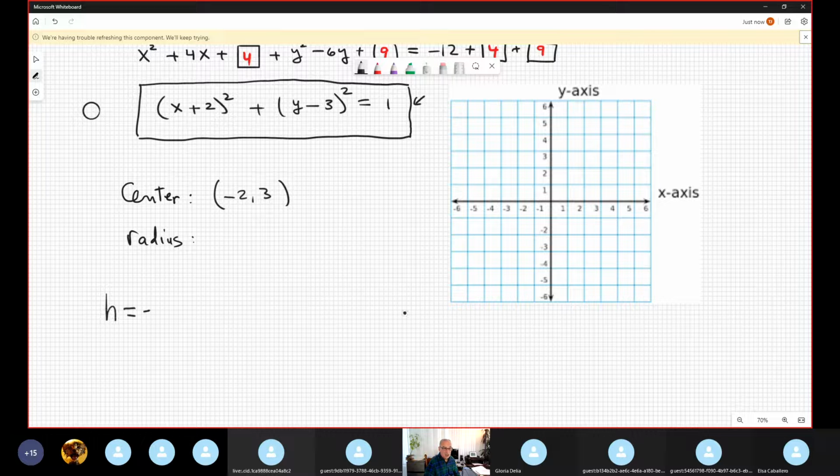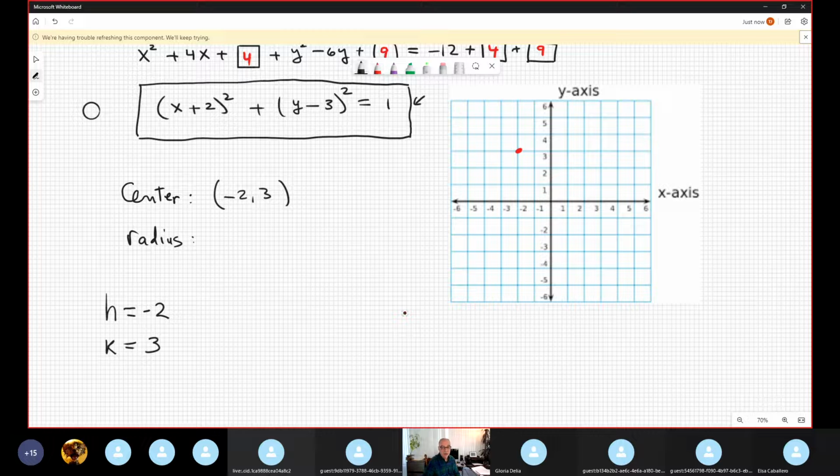H is negative 2, the opposite sign of this. Who is k? K is positive 3. You create the point using these values, negative 2, 3, and plot that. Boom. Here, I plot that. This is the center of our circle.